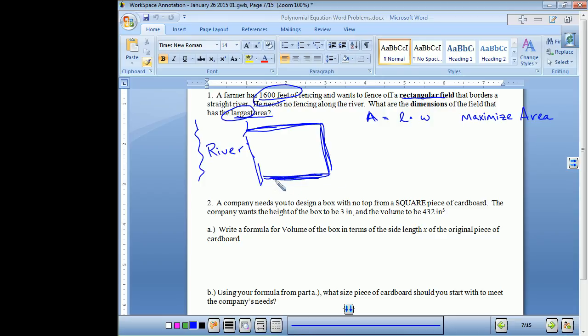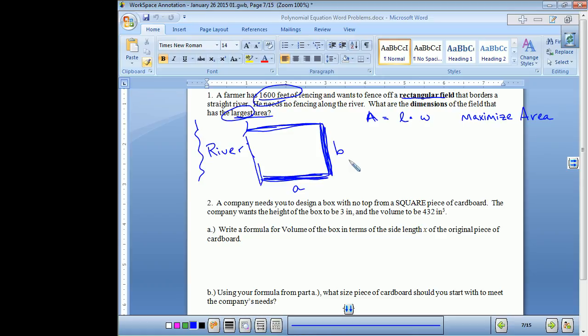So this short end, what do you want to call it? Can we call it L and W? Okay, A and B.